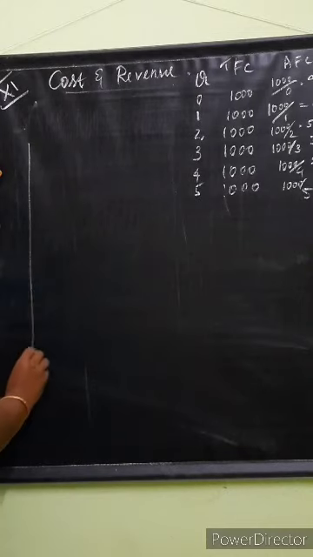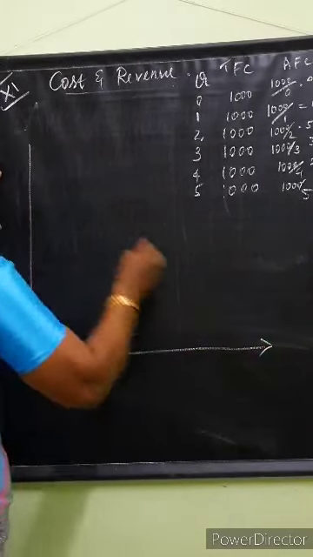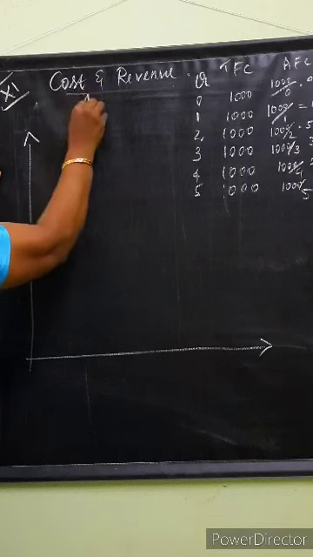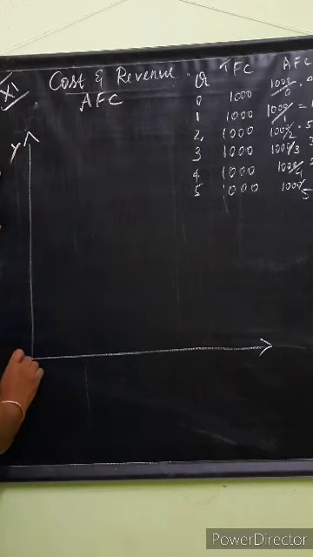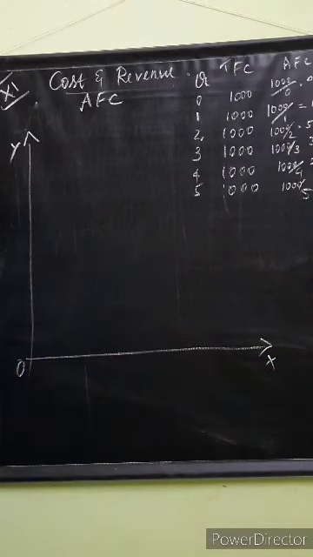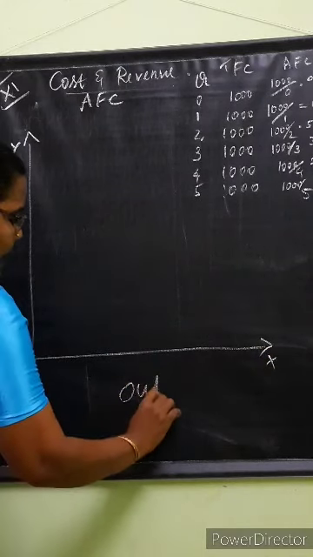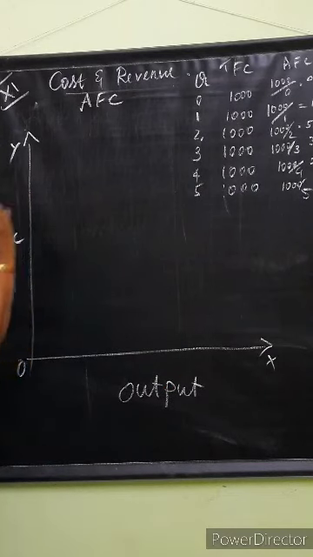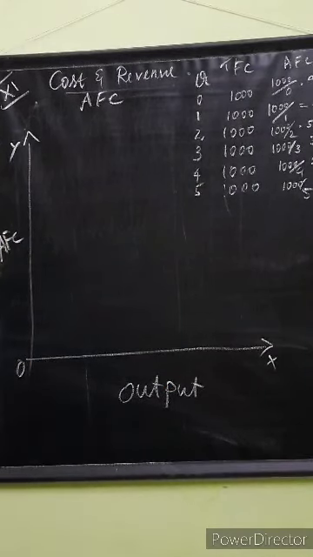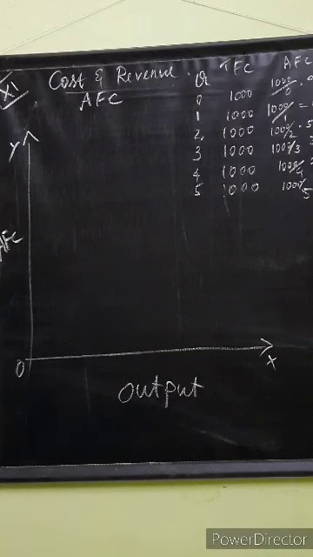Then if you draw a curve for average fixed cost, how would the diagram be? This is the output, this is average fixed cost. In the x-axis, I have drawn output. In the y-axis, I have drawn average fixed cost.